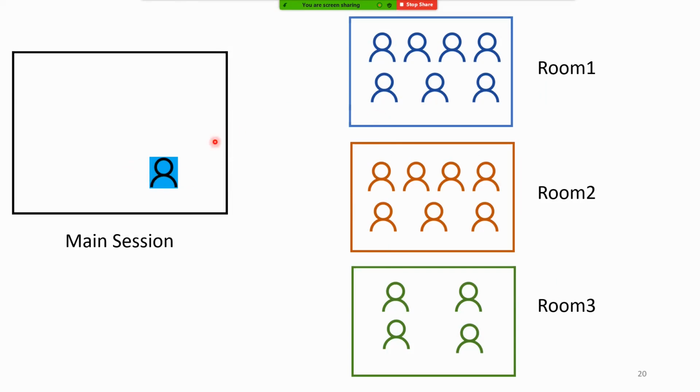If you want, you can assign any of your co-hosts to a room, and you can also jump to any of these rooms and see what they are doing. Right? So it's basically the idea of co-host. Do you have any questions regarding the breakout rooms?